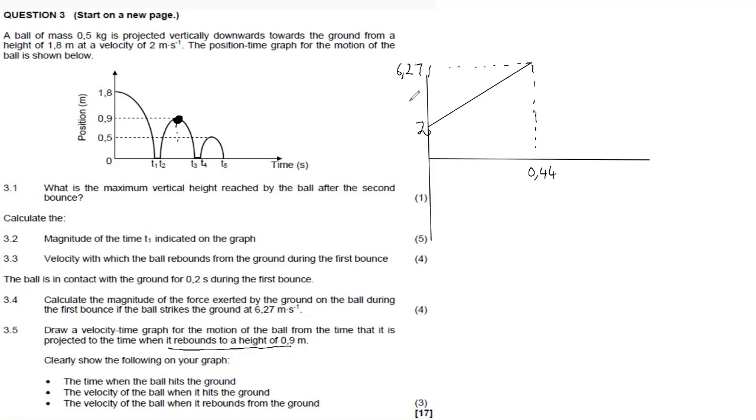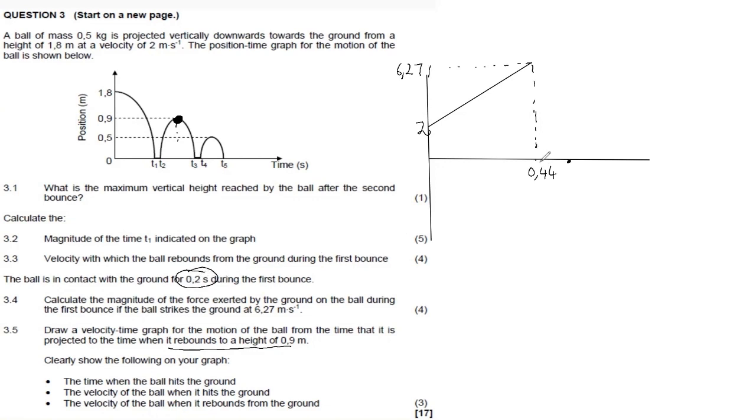So note that when you fill in your velocity time graph, it will not be with values that you haven't calculated already. Everything that you are filling in into your velocity versus time graph is already a calculated value. Note they told us that the ball is in contact with the ground for 0.2 seconds.